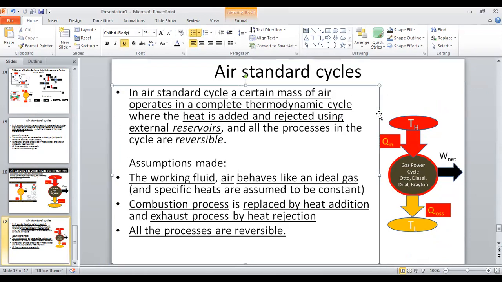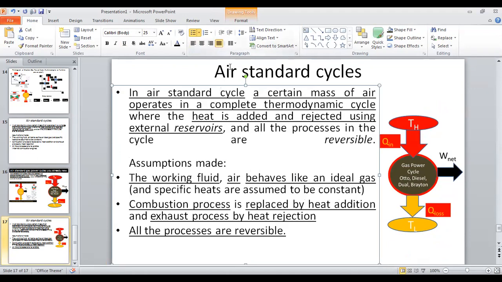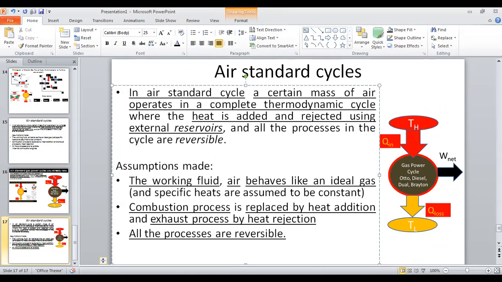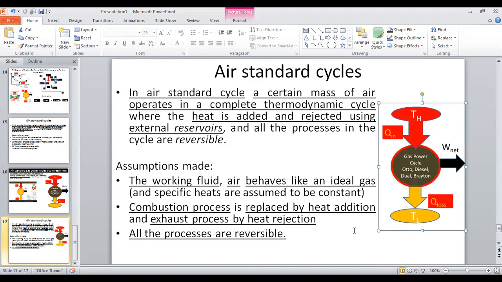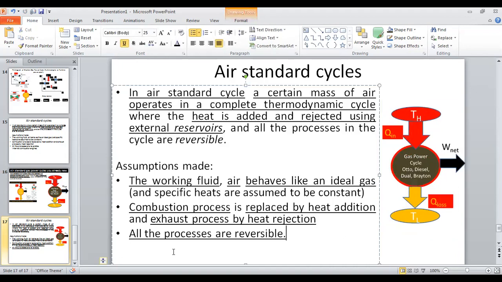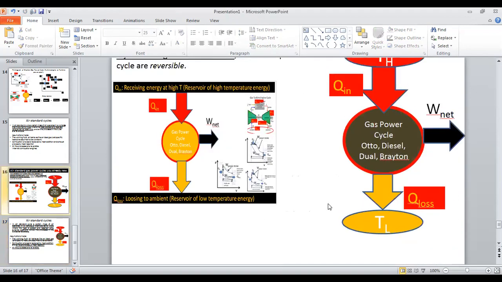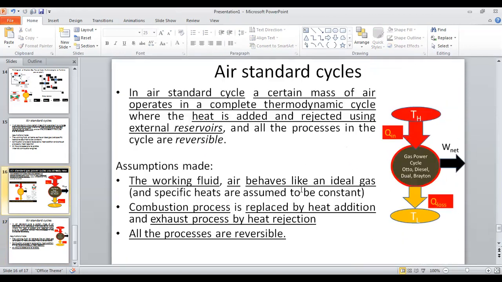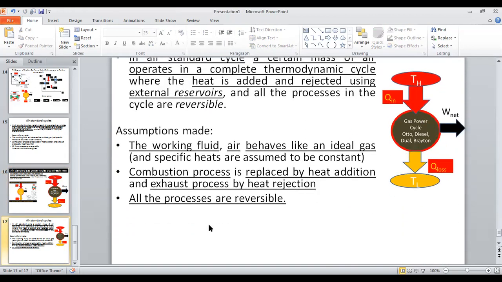This is for the air. Practically, we are using air as the working fluid for all the cases. Good. So that's why I mentioned it; you already knew this.